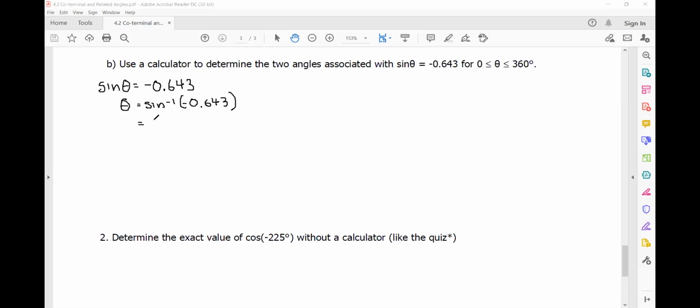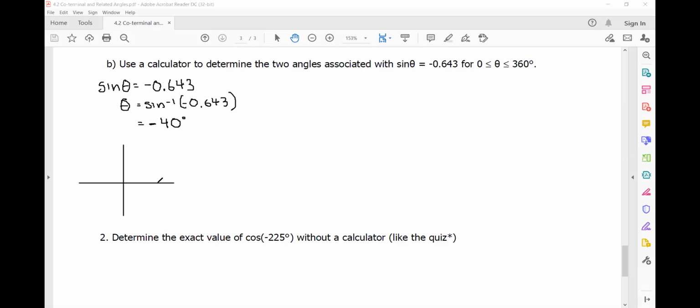Hmm, close. Not quite 40. Yeah, if you look at the calculator, you might get something interesting. You get a negative 40 degrees. I'm just going to round it. And what does that mean? Don't be scared about the negative or think you did something wrong.